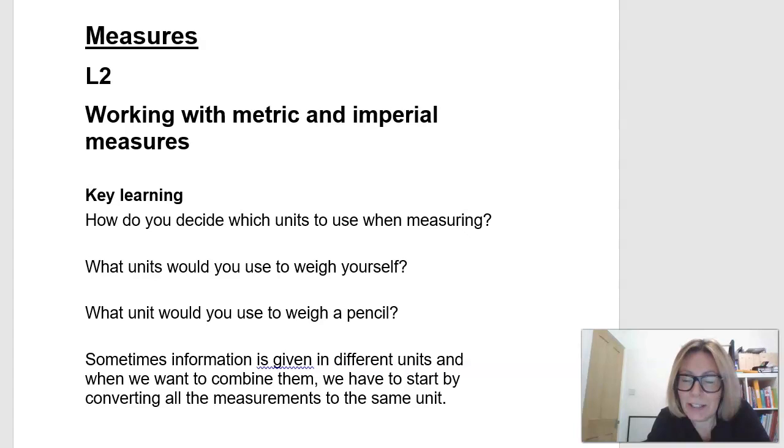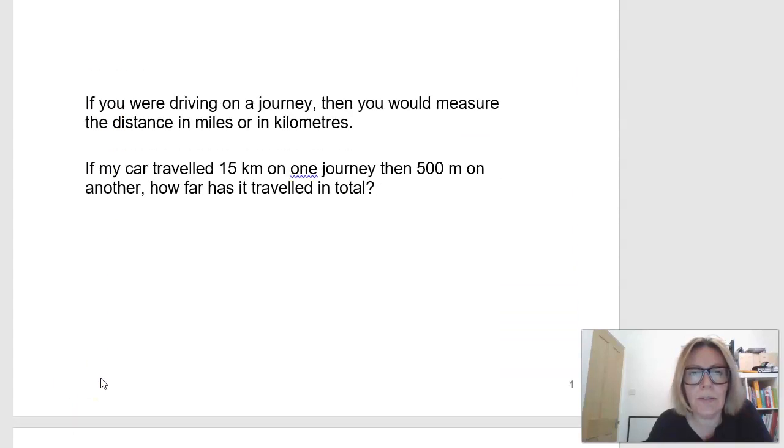Sometimes information is given in different units in questions, and when we want to combine them, we have to start by converting all the measurements to the same unit. We've definitely seen this at level 1. Let's have a look at an example. If you were driving on a journey, then you would measure the distance in miles or kilometres, depending if you were using imperial measurement, miles, or metric measurement, kilometres. Let's stick with kilometres.